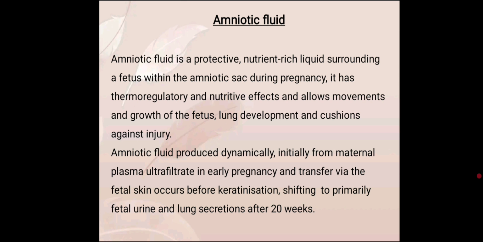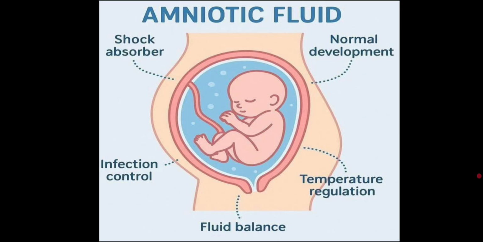Then, from 18 weeks, it is mainly formed from fetal urine and lung secretions. So, amniotic fluid acts as a shock absorber, for infection control, temperature regulation, fluid balance, and for fetal movement and lung development.